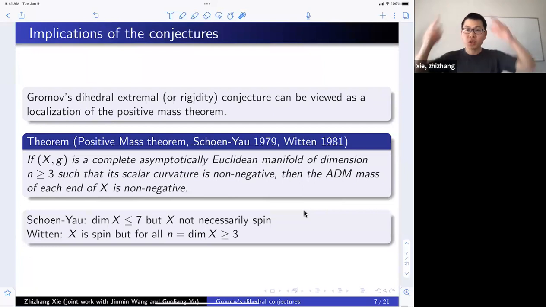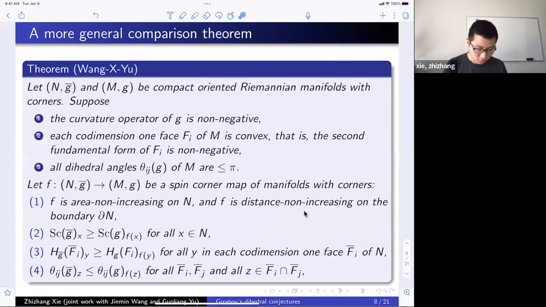Now you compare this to exactly a Euclidean ball or some Euclidean cube, whichever way you prefer, and then we are exactly in the context of this comparison theorem, because you would have scalar curvature, mean curvature, dihedral angle, depending on which boundary you cut. And then they satisfy all these conditions.